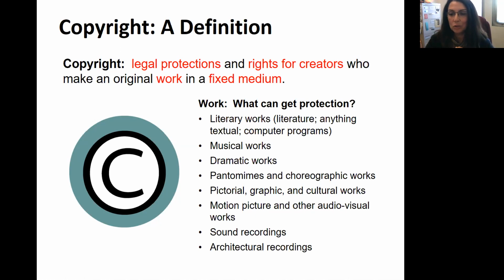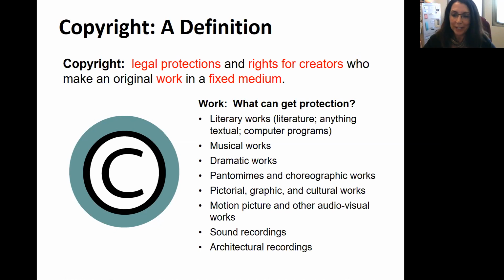Pictorial, graphic, and cultural works can be copyrighted. So pictures that you take, things that you draw, something that you make on architectural or design software can be protected by copyright, and cultural works can be protected by copyright too.